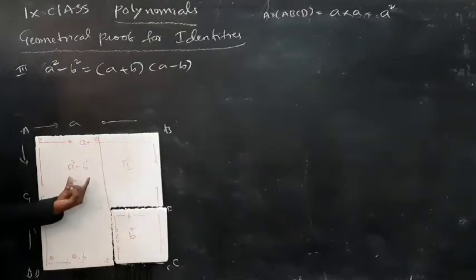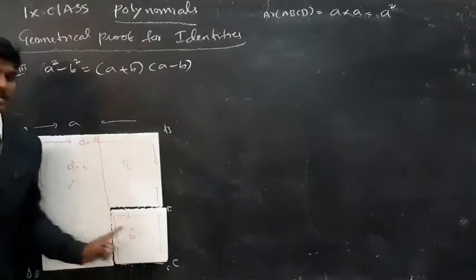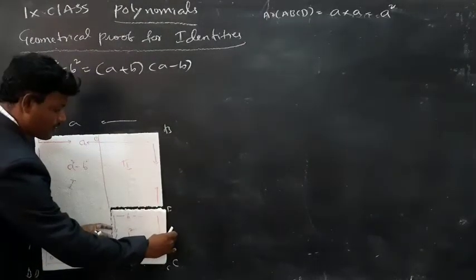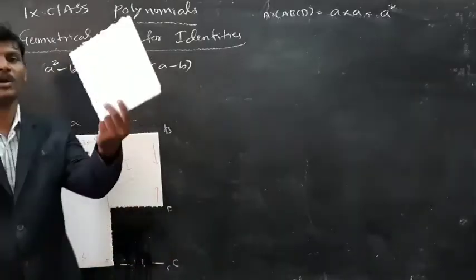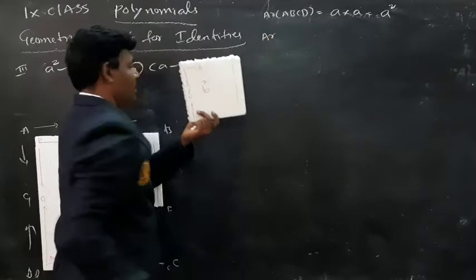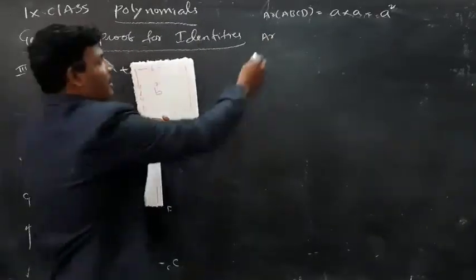From this, I am taking one small square with side b units. See, I am removing that. Let the name of this small square be PQRS.